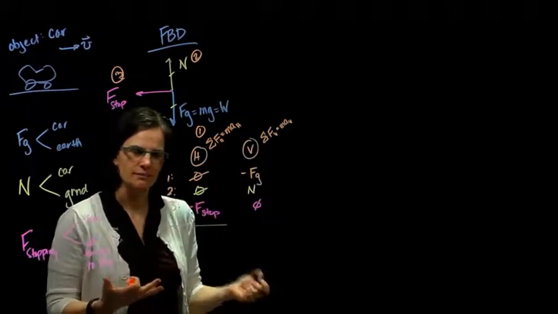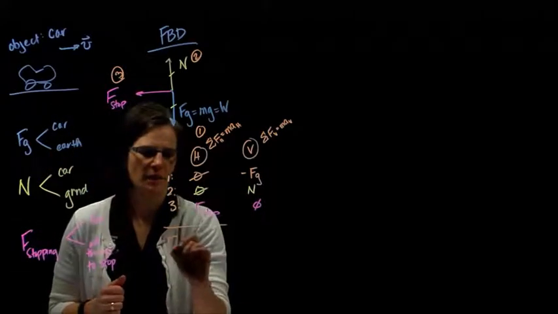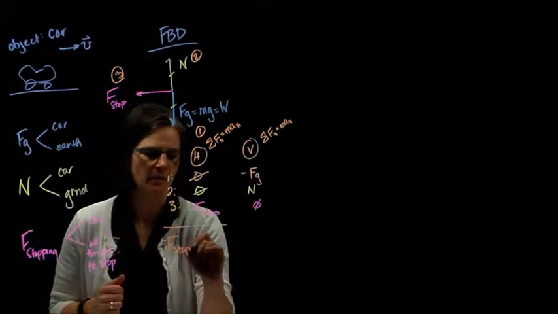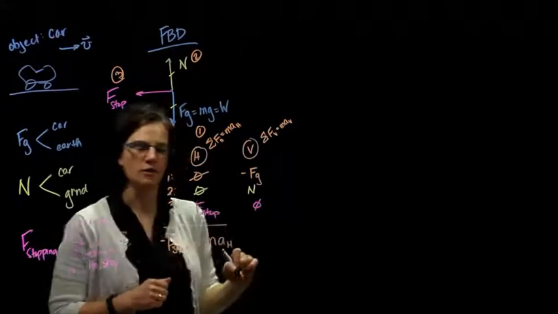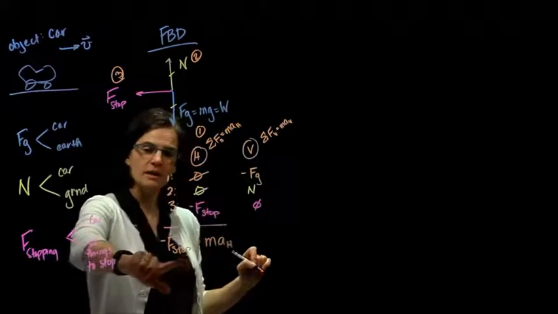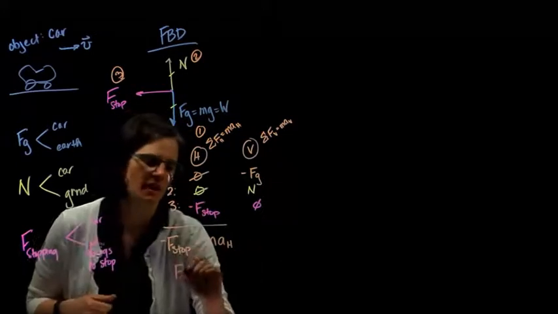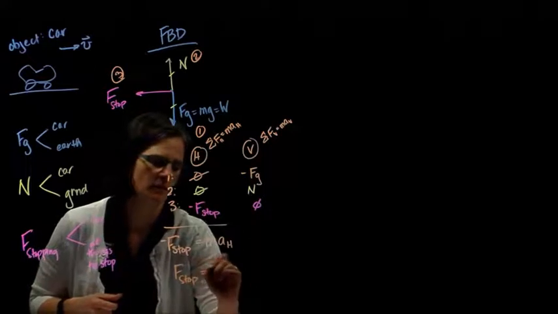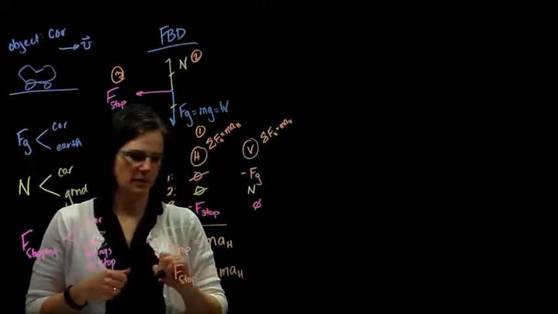That's where my interests lie. 0, 0, those add up to nothing. So we have minus the force of the stop equals the mass times the acceleration in the horizontal direction. And I want this force stop by itself, so I'm going to take that negative to the other side. So the force of the stop equals minus the mass times the acceleration horizontally.